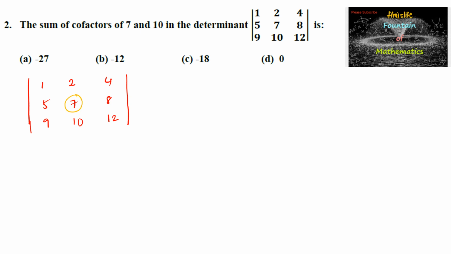So we can write cofactor of 7 is equal to, that is a22, minus 1 to the power of 2 plus 2 into minor of the element m22. That is minus 1 to the power 4, which is plus 1, into the minor of this element.